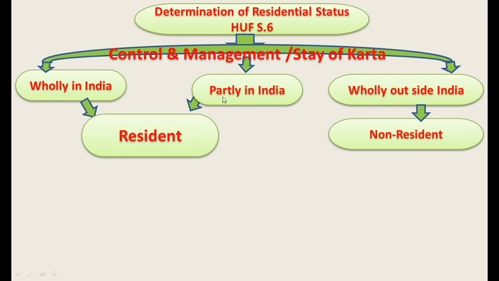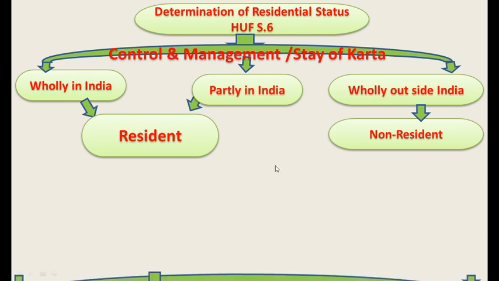In the third case, where control and management is situated outside India, the Hindu undivided family will be considered non-resident, and only the income earned in India will be taxed. The income earned outside India will not be taxed as per the provisions of the Income Tax Act.